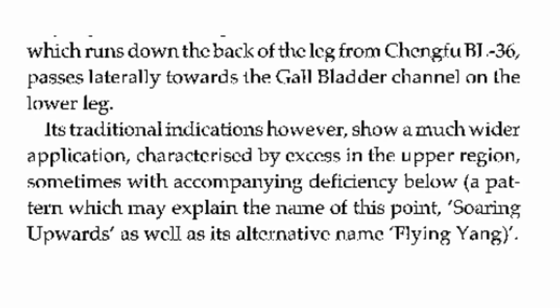Its traditional indications, however, show a much wider application, characterized by excess in the upper region, sometimes with accompanying deficiency below, which is a pattern which may explain the name of the point, soaring upward, as well as the alternative name, flying yang.